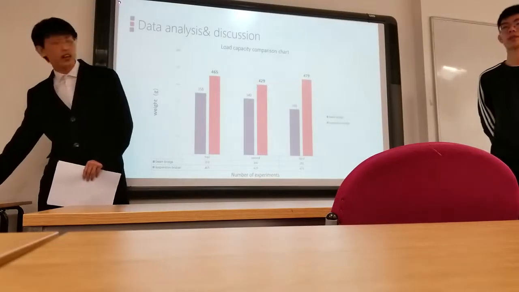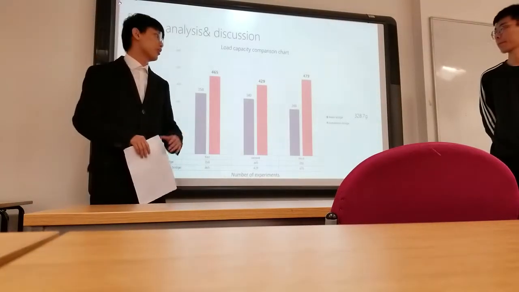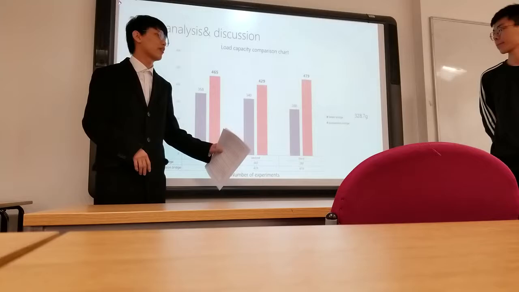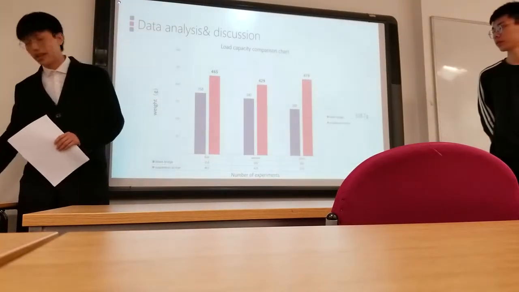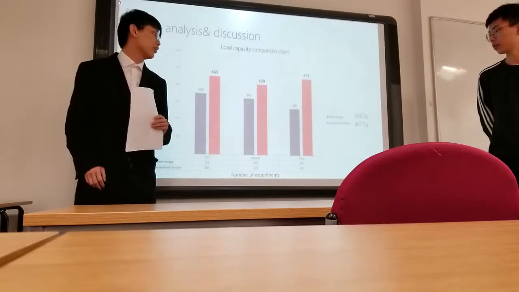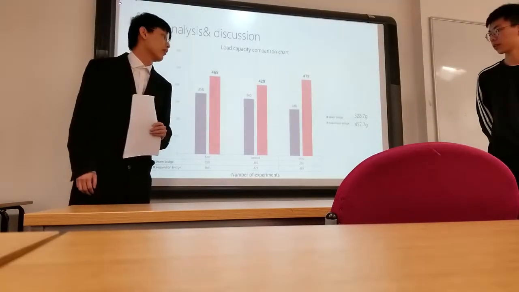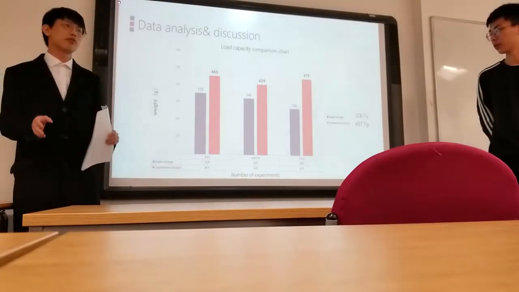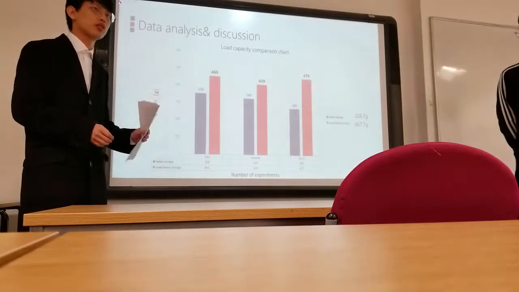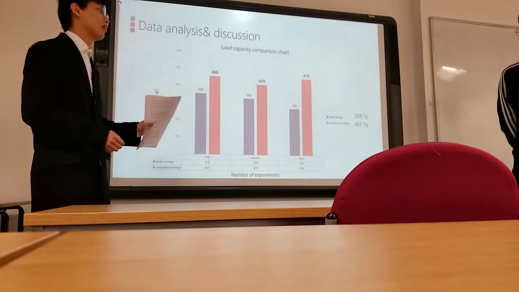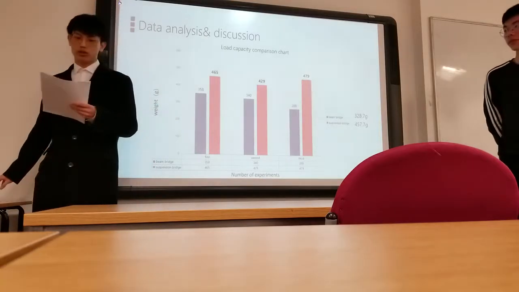The average value of the beam bridge is 328.7 grams, and the average value of the suspension bridge is 457.7 grams. So we can conclude that the suspension bridge has stronger load capacity than the beam bridge, and we need to know why.